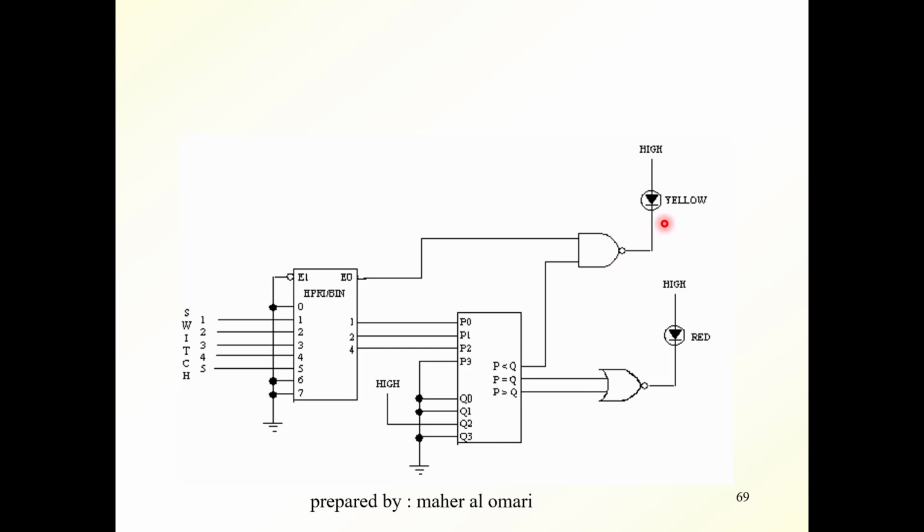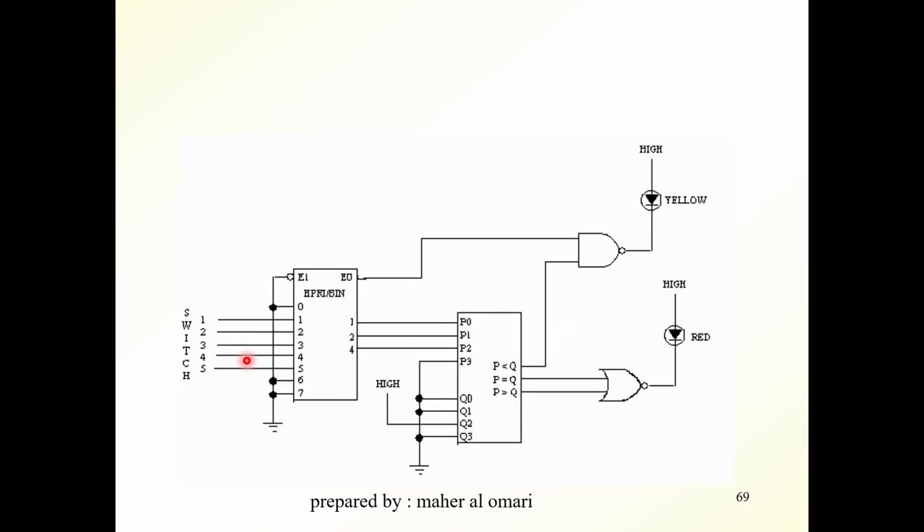That means this yellow light will light up, because here we have a high voltage and here we have a ground. So this LED will light up if any of the switches 1, 2, or 3 is pressed, because P is less than 4.